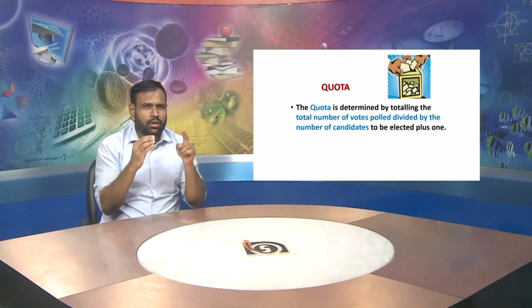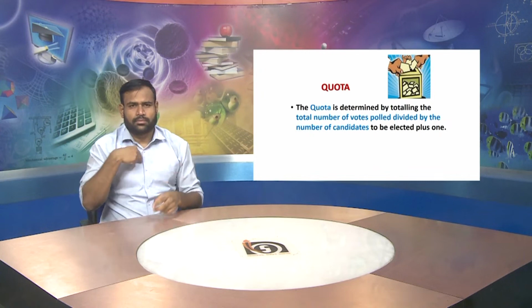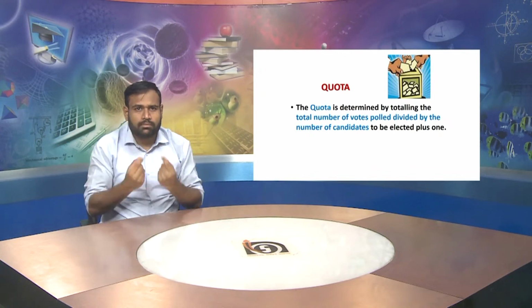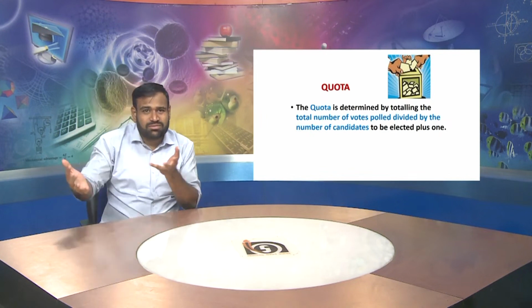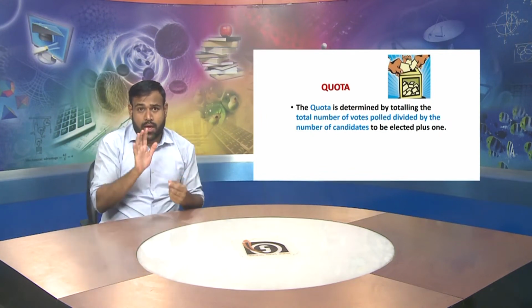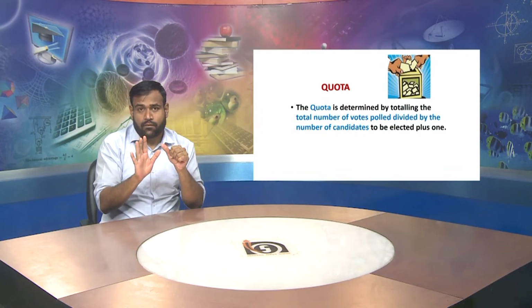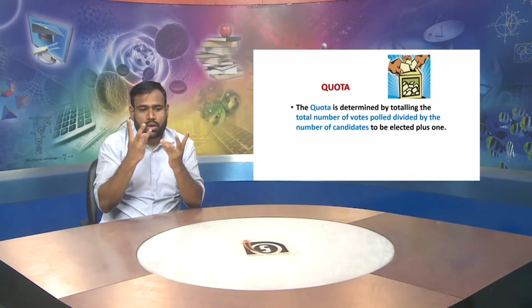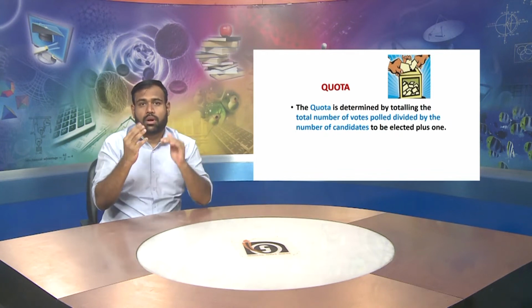The quota is the total number of votes polled divided by the number of candidates to be elected plus 1. So this is the formula used for finding the quota.